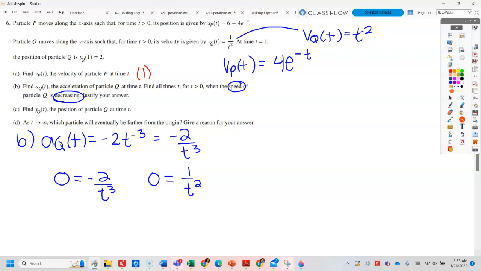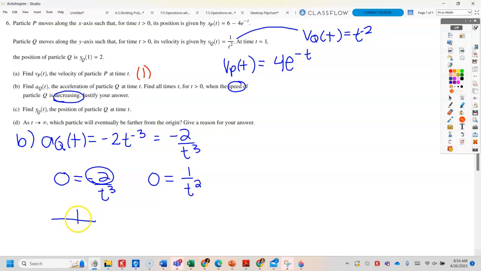However, what do we know about something negative on top? It will always be negative. If it's cubed, it's only going to be negative when t is negative. If it's positive, it will always be positive.